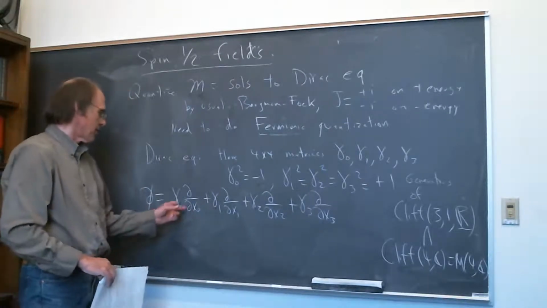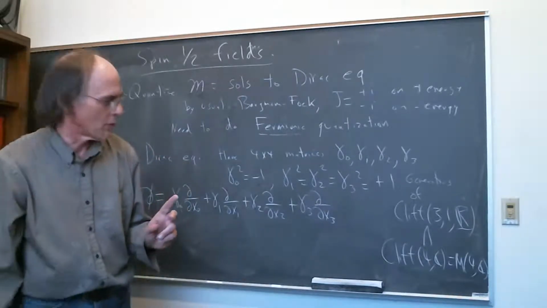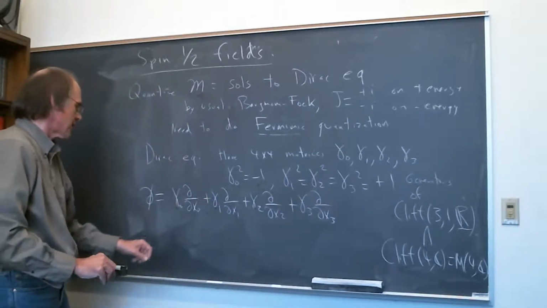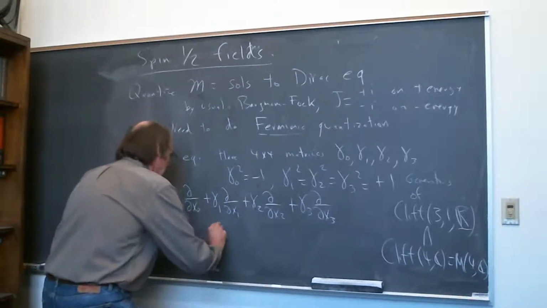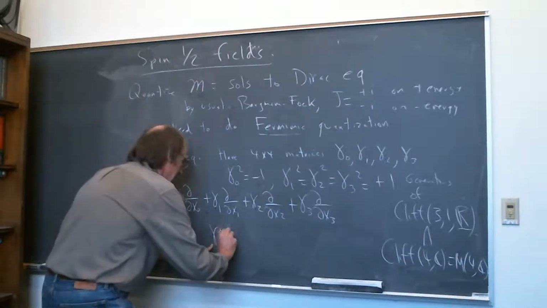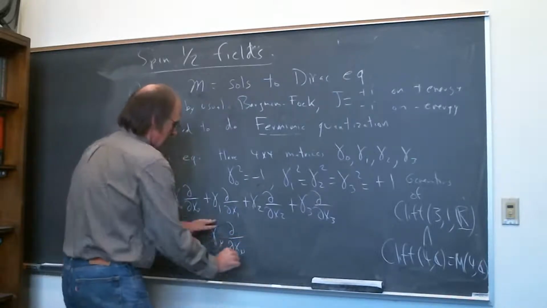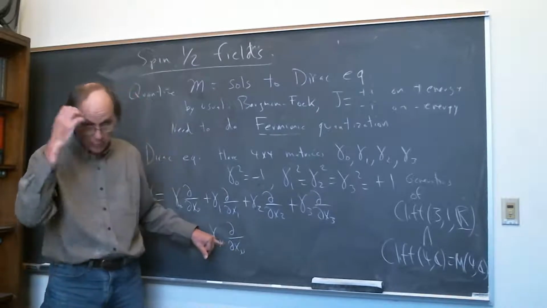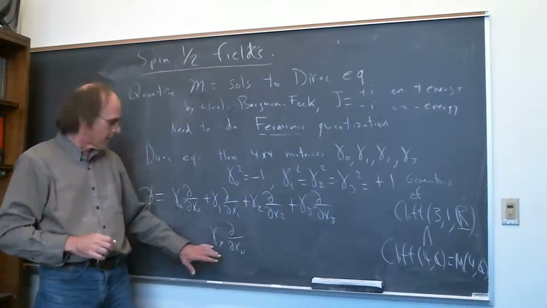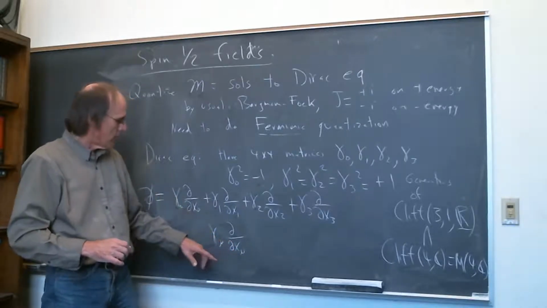One thing to notice is that there's something very funny going on, so watch out. When you look at this, you're tempted to say, aha, this is what physicists would like to write as gamma mu d/dx mu, using the Lorentz metric to raise and lower indices, so that you're writing some Lorentz invariant thing.